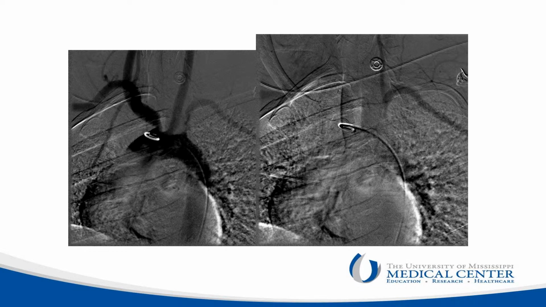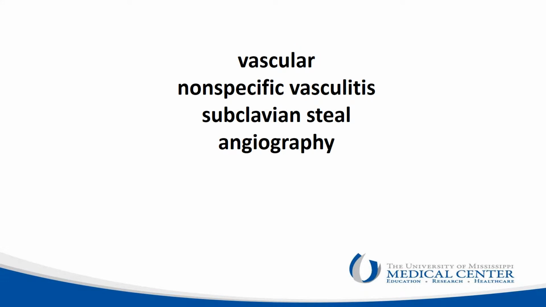On delayed images, we can see that we're slightly opacifying the left subclavian artery, but on very delayed images, we can see that we have good contrast in the left vertebral artery and left subclavian artery, and that is indicative of, so this was subclavian steal due to a nonspecific vasculitis, which had to be shown by angiography because that's where we can see the flow of the vessels over time.